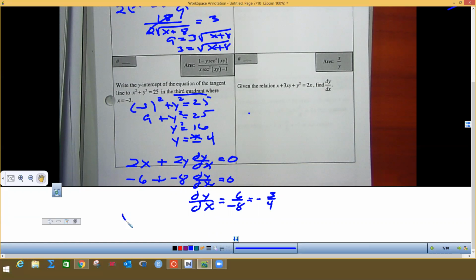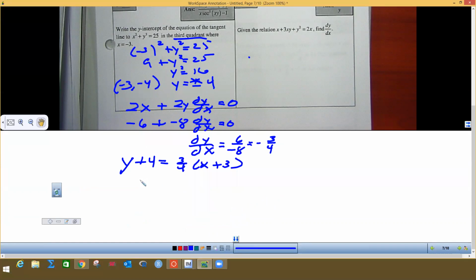So my equation is going to be y minus -4, because my point, maybe I should have written it up here, is -3, -4. So y minus -4 is y plus 4, and then -3/4 times x minus -3 is x plus 3. And now this set I had to put in slope-intercept form, so I get y plus 4 is going to equal 3/4 x plus 9/4.